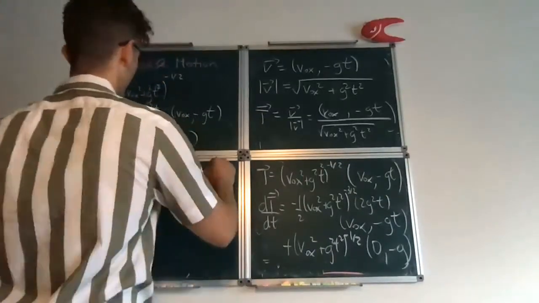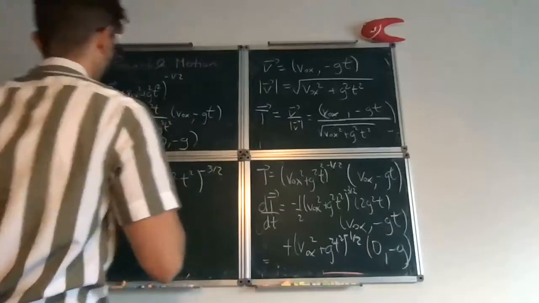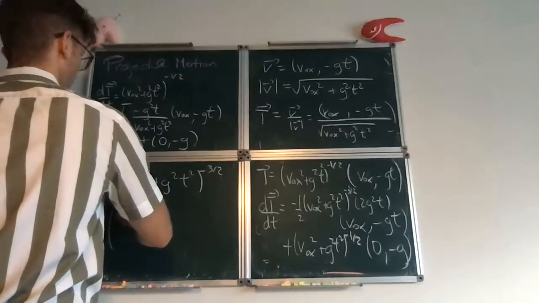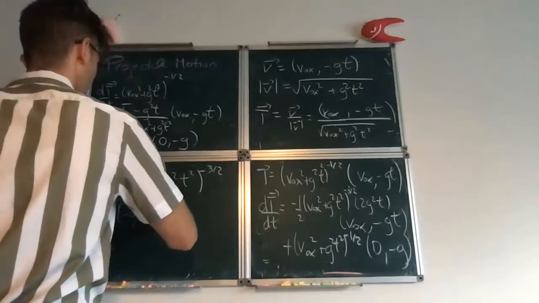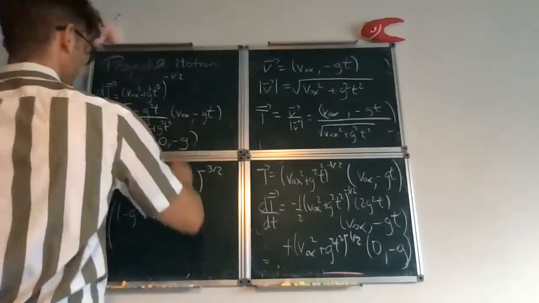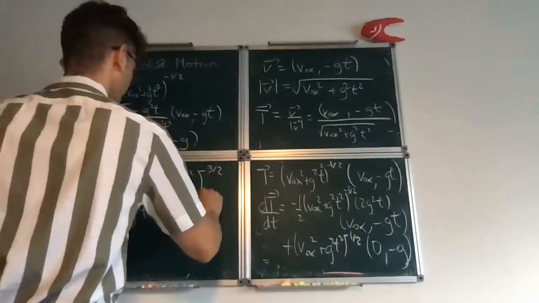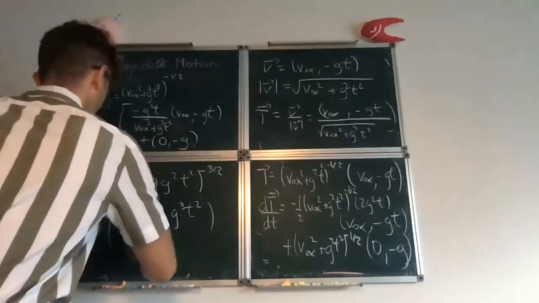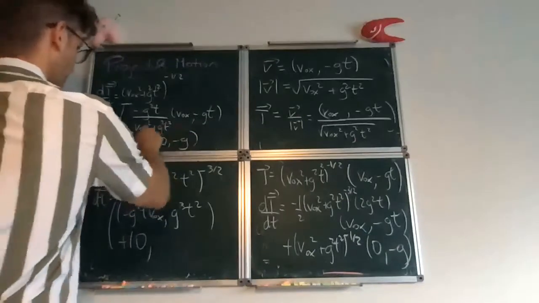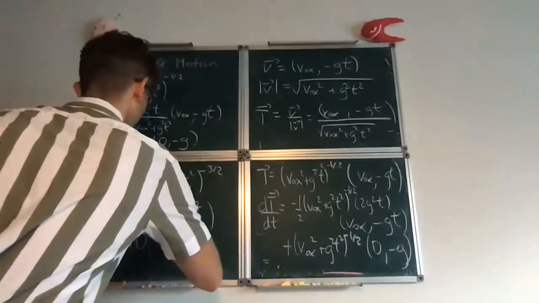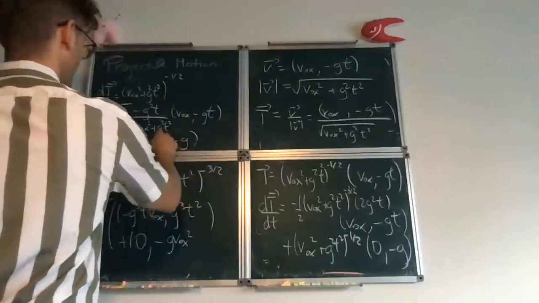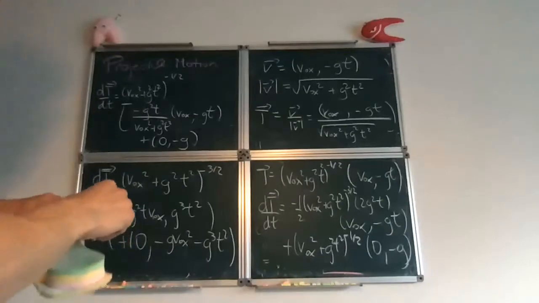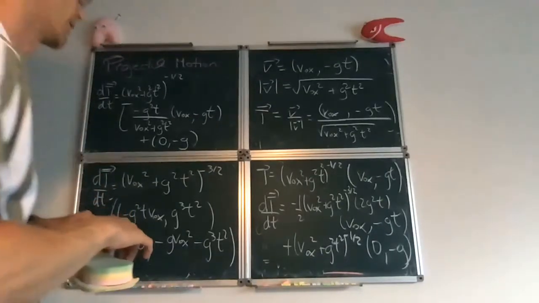So this will become minus g squared t v0x. Then this becomes g cubed t squared, and when you do common denominator, this becomes 0, and then you multiply this here, so you get minus g v0x squared, and then minus g. Oh, beautiful. Good, it's not looking that bad now.